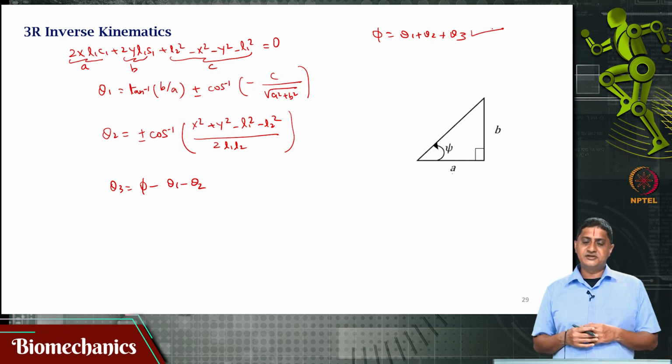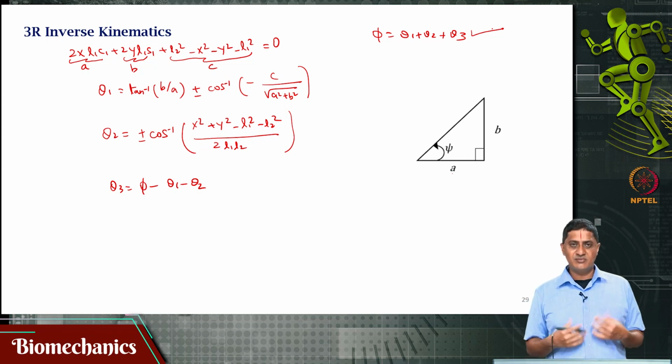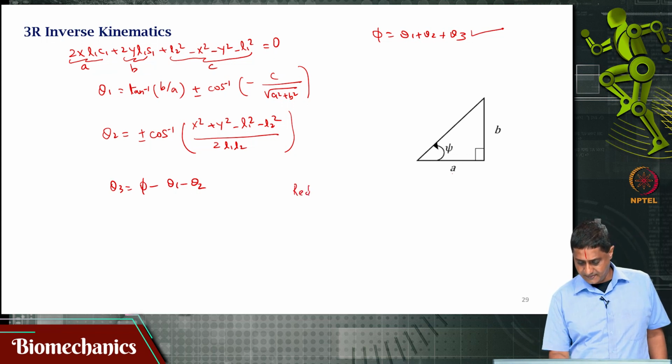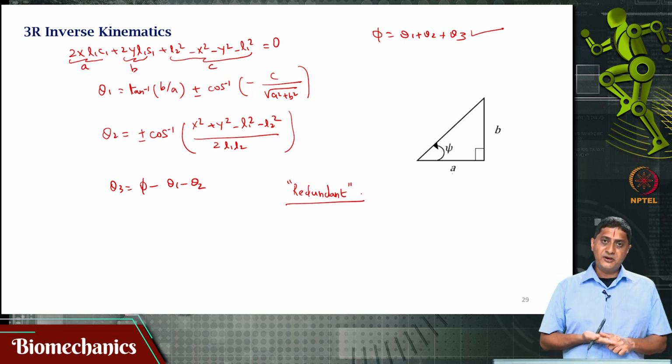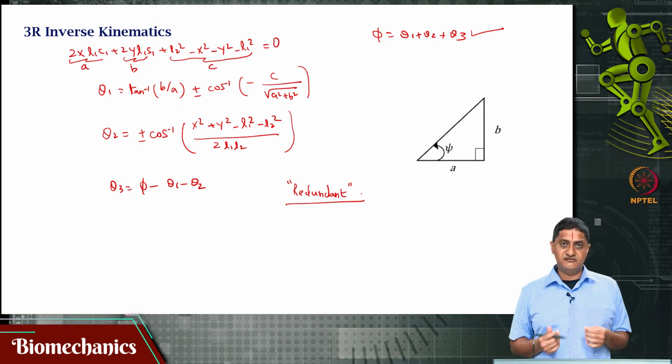These kind of manipulators in which there are only 2 equations but 3 unknowns to solve are called redundant manipulators, because a particular point in a plane can be reached with more than one configuration of the links.